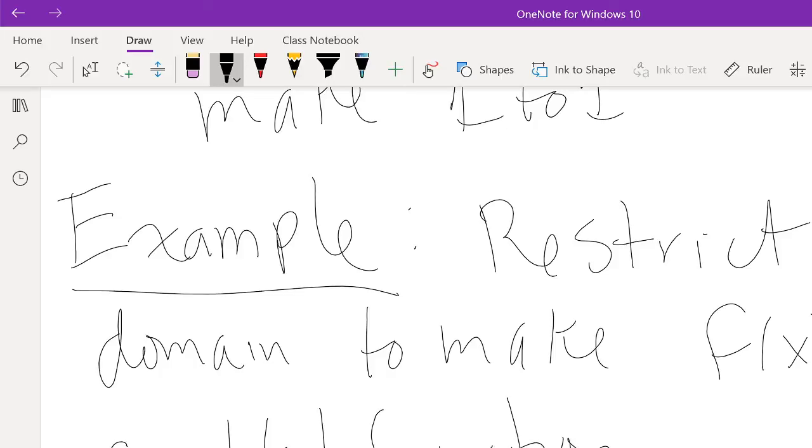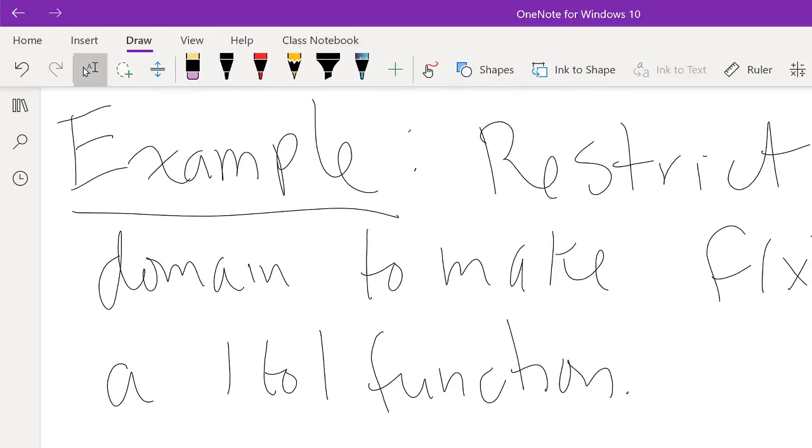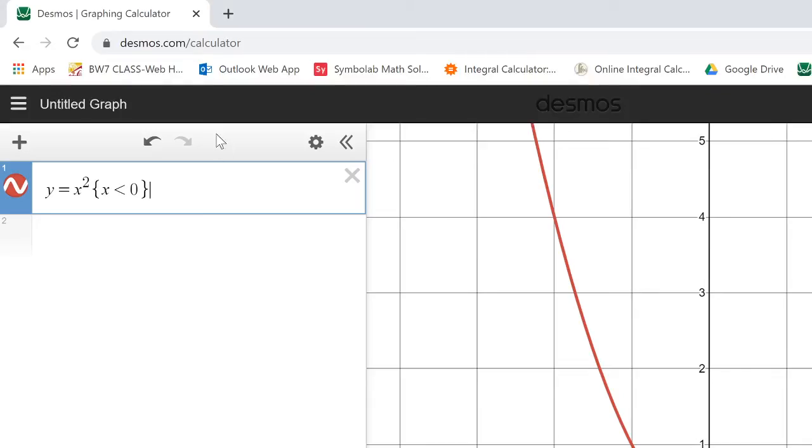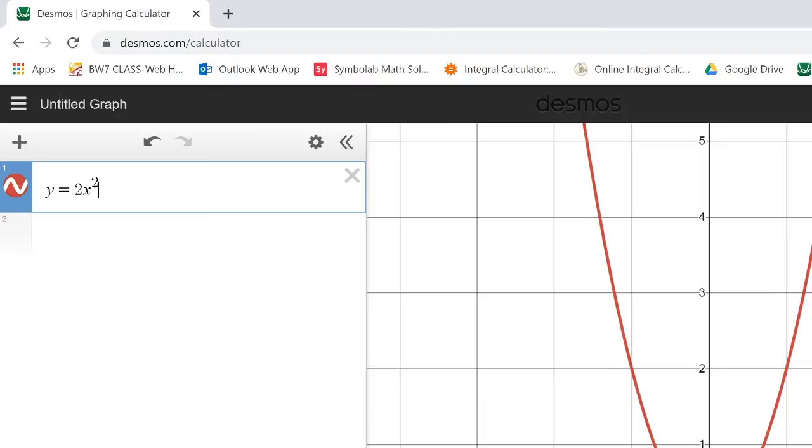Okay, so first, let's look at the graph of this. Probably the easiest way to figure this out is to generate a graph. So let's look at 2x squared minus x to the fourth.